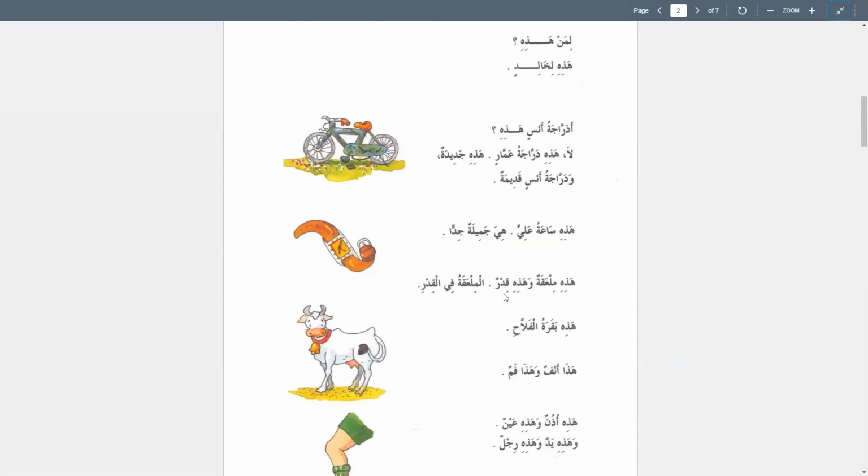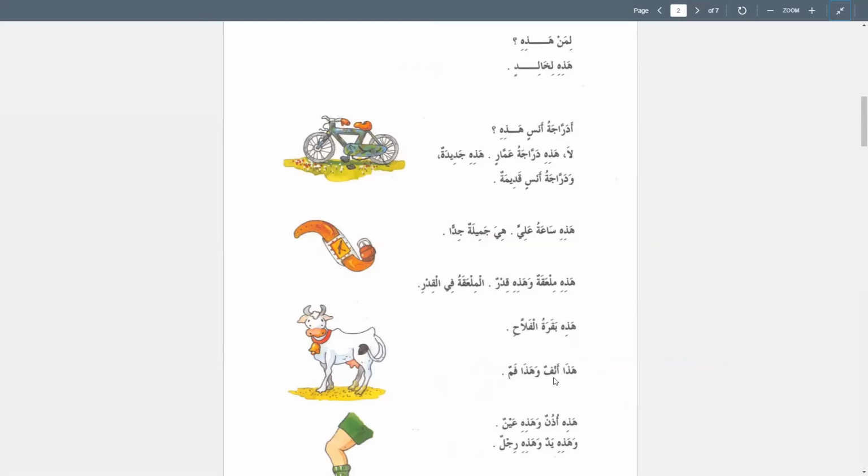You'll notice here because of هذه. So قدر, although it looks like a masculine word, it's actually a feminine word. الملاقة في القدر. So the spoon is in the pot. هذه بقرة الفلاح. Bakara means a cow. So this is the farmer's cow.